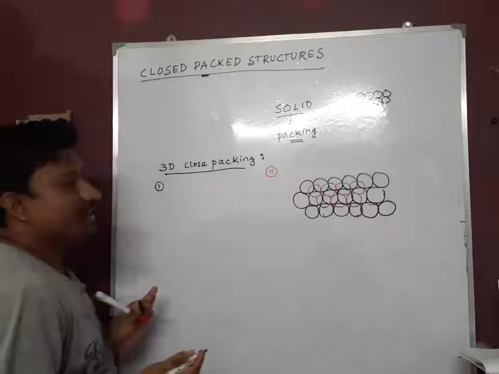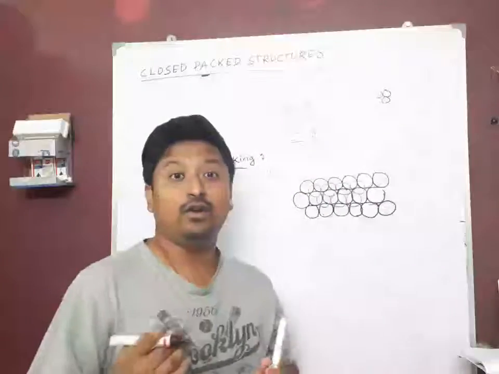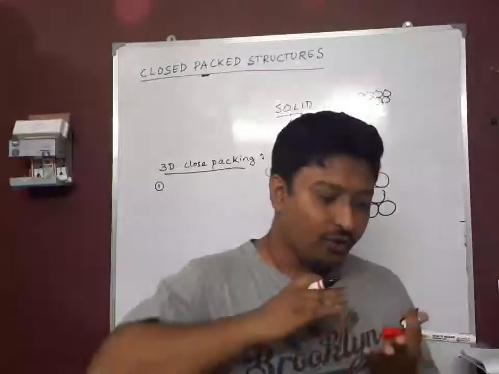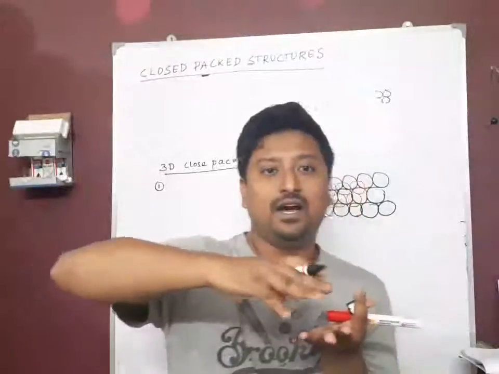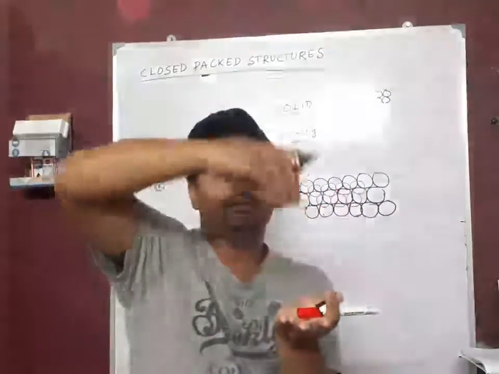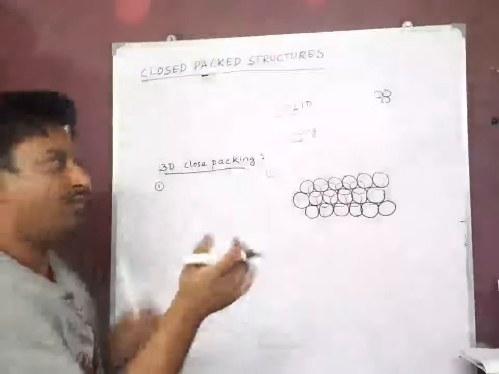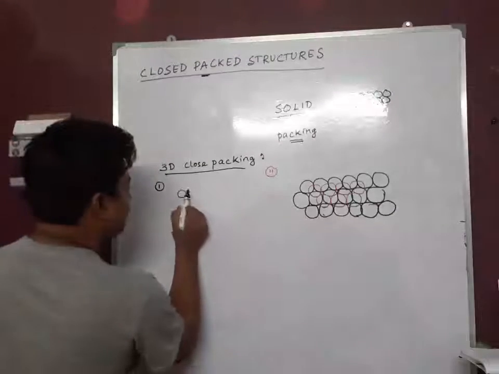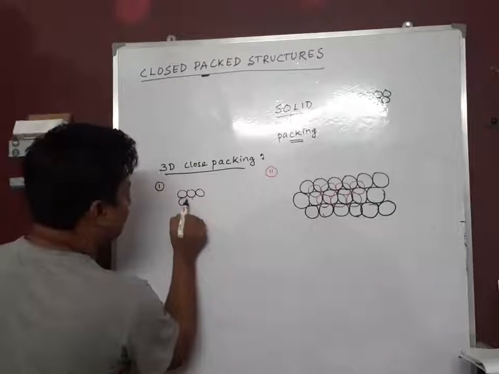So let's say in the first case, all the atoms are in the same positions, they are not shifted. So what was the case here? In 2D it was like this.